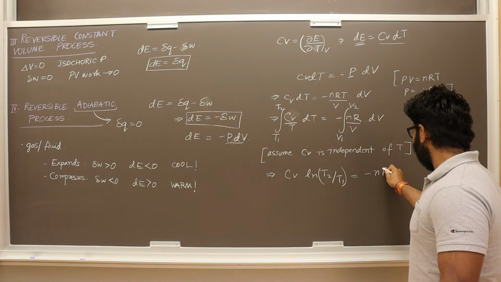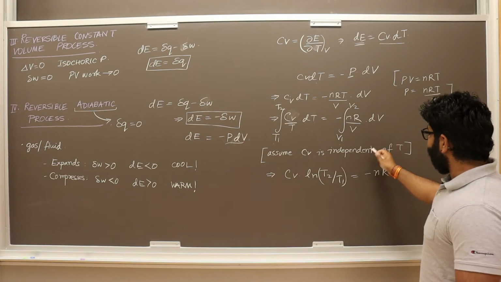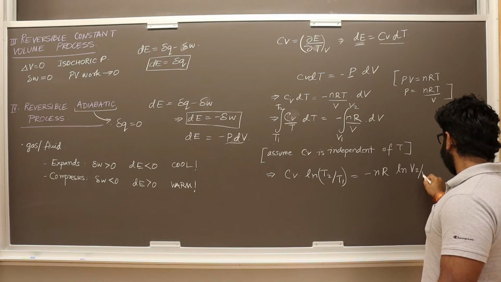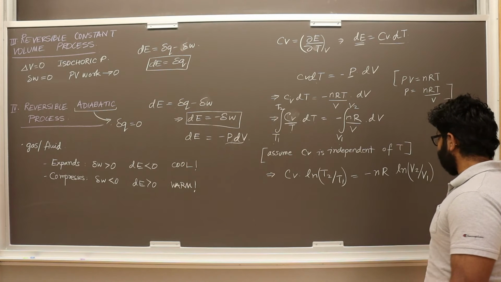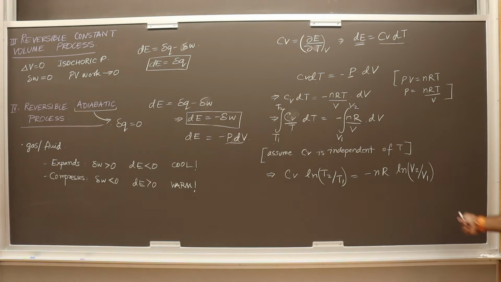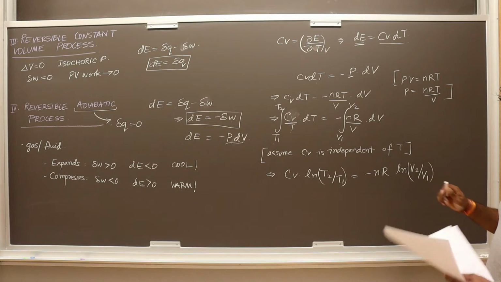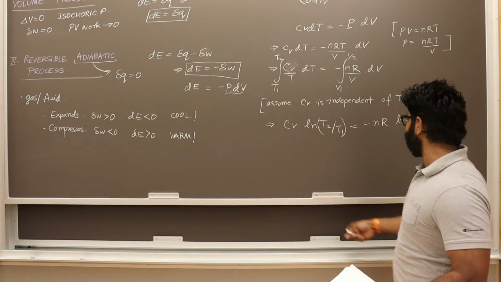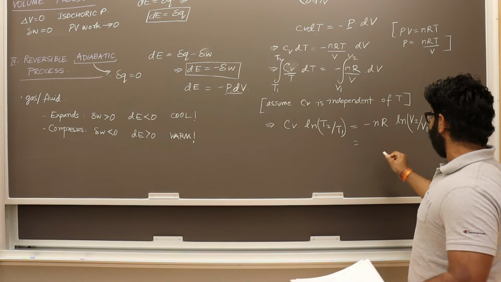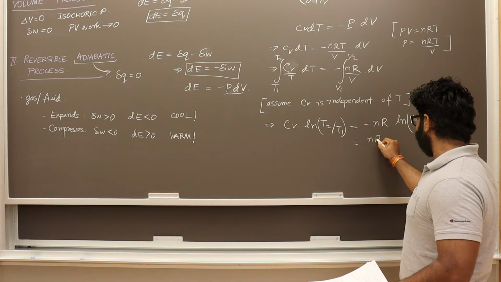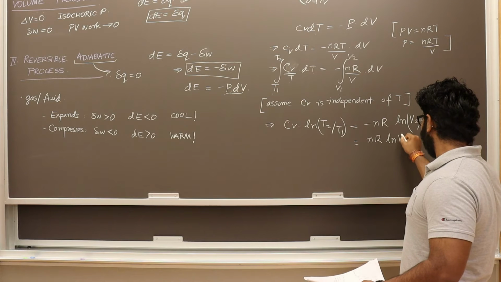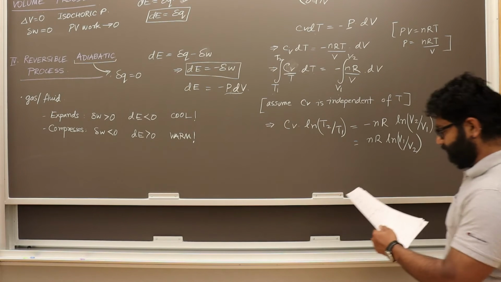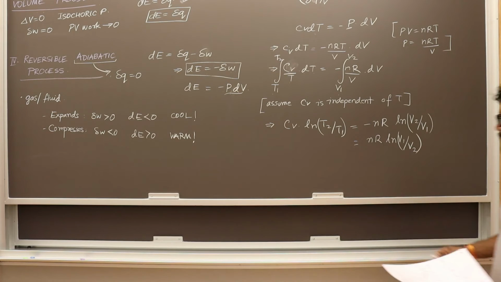R is a constant, I brought it out. I integrated dV by V to ln V, okay? All right, so we have this equation. Now let's do some magic in here, the magic of logarithms. If I get this negative sign inside, this becomes nR ln V1 by V2, okay?